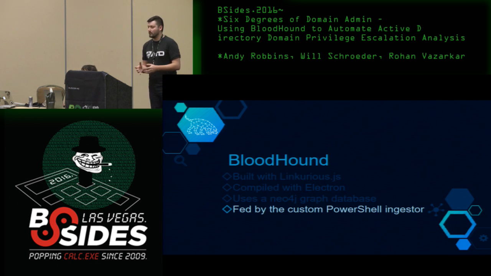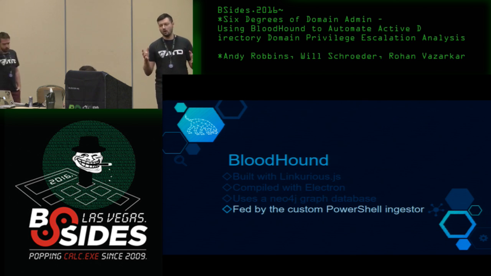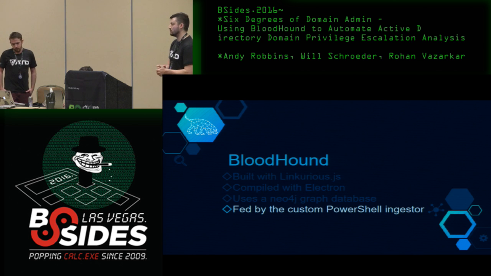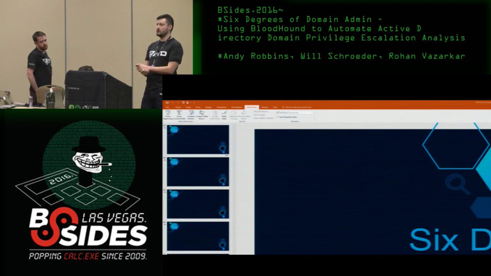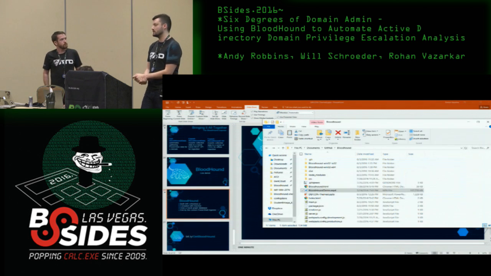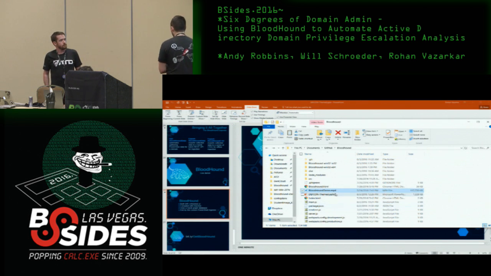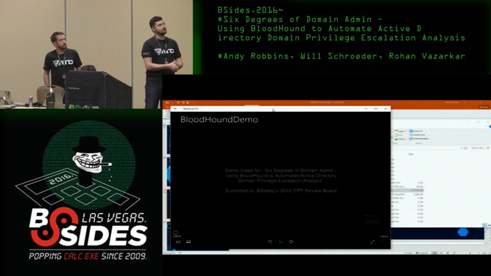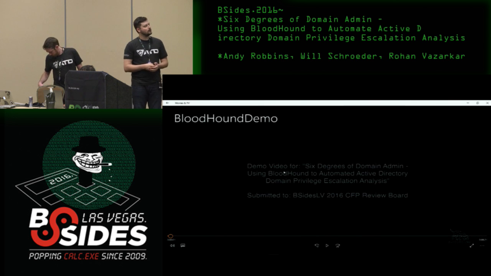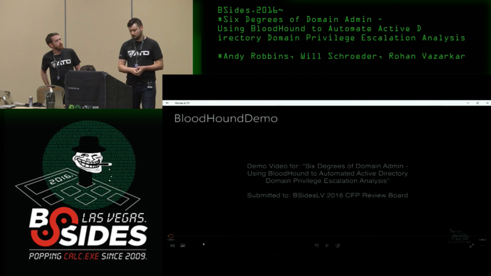Finally, the information to go into the database is fed right now exclusively by the PowerShell ingester that Will was just talking about. All right, so I believe we have a video showing a demonstration of how easy it is to use this operationally for collecting information once you have your initial access into Active Directory.